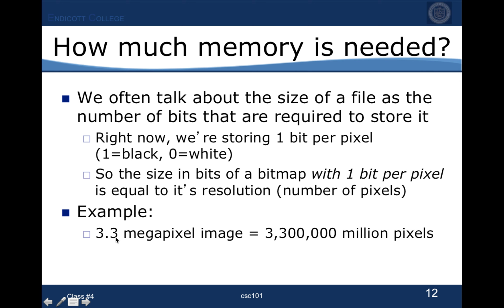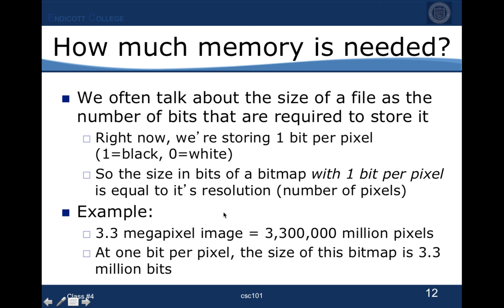So you capture a 3.3 megapixel image. That's actually 3.3 million pixels. But if you're only using 1 bit, which is just pure black and white, you'd only need 3.3 million bits, which isn't that many bits.